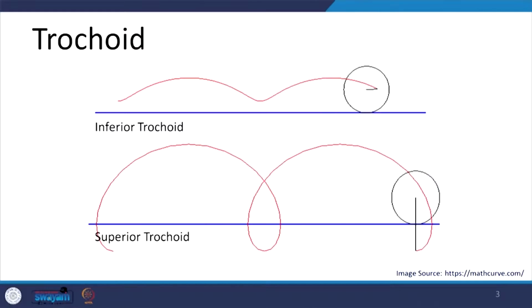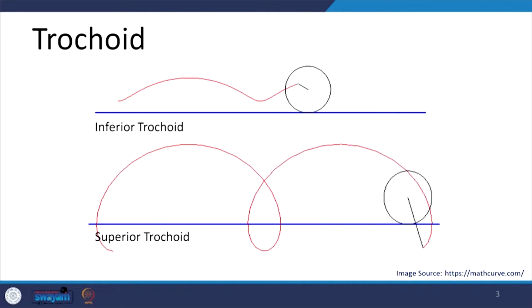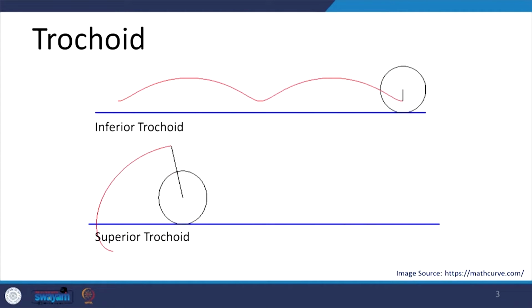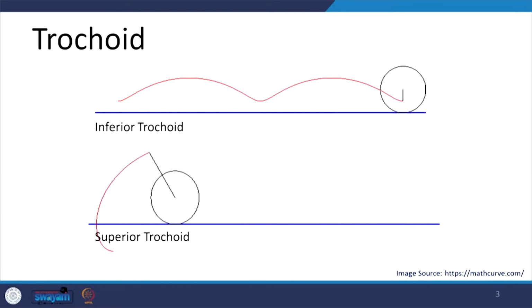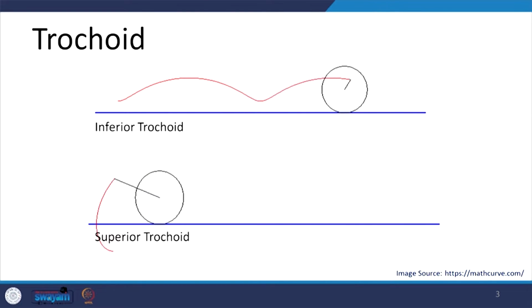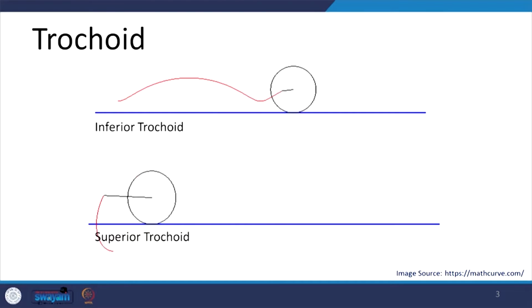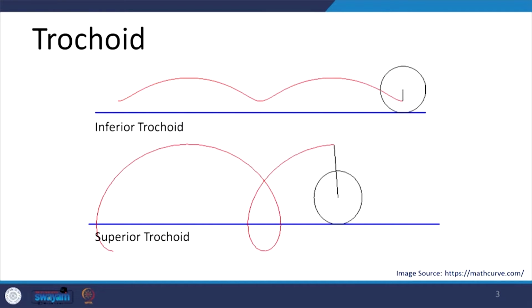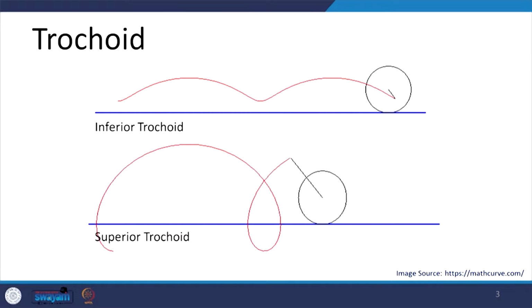Now, suppose this point P, for which the path was being traced as cycloid, is not on its circumference, but inside the circle or outside the circle. The path which will then be traced will be called a trochoid. If you look at the screen, the inferior trochoid is the path traced if the point is inside the circle.